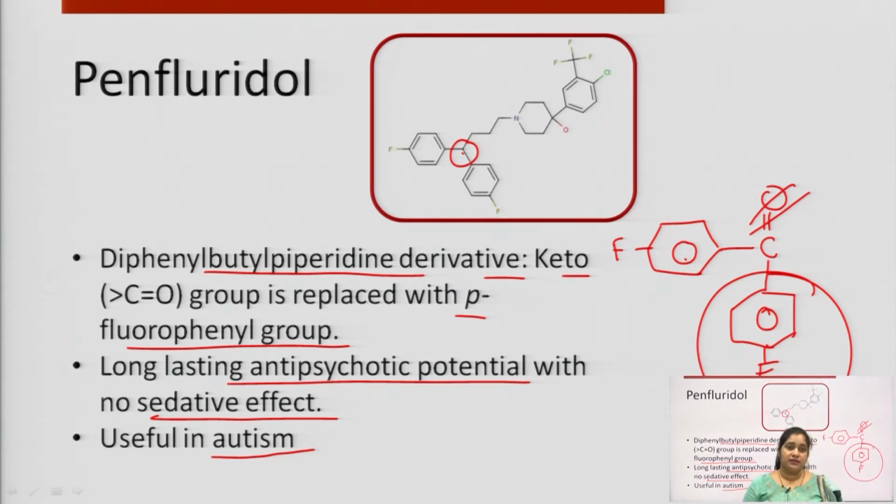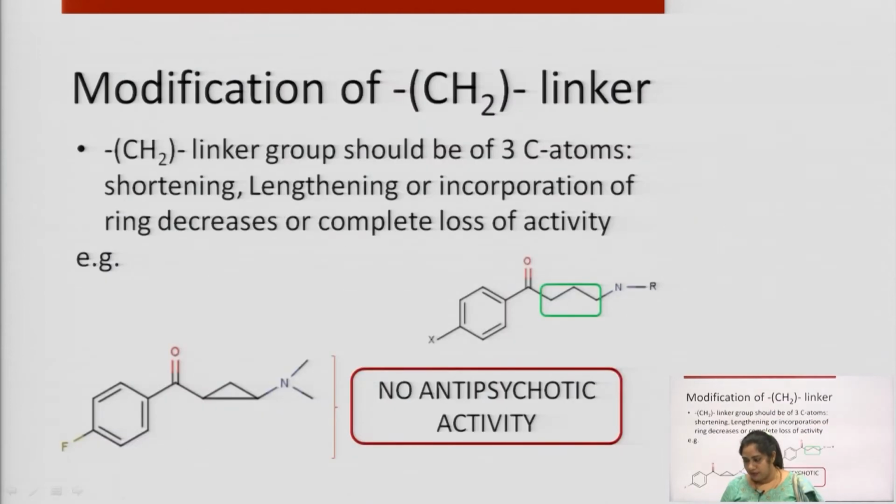Some of the autistic at the higher range are not even able to communicate verbally, so they start behaving like psychosis patients. To treat them, Penfluridol is one of the important drugs in case of autism.